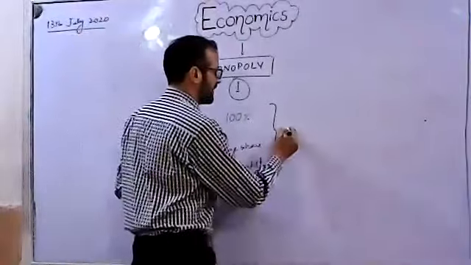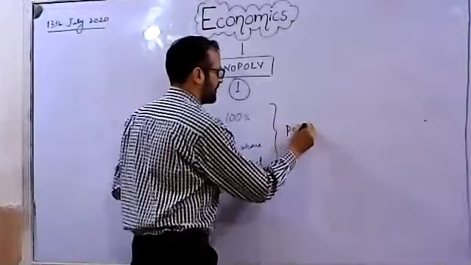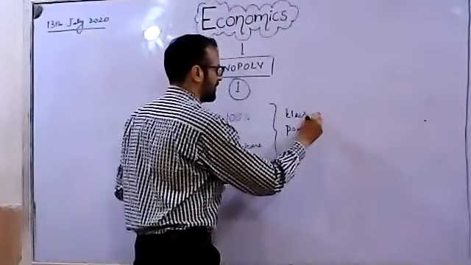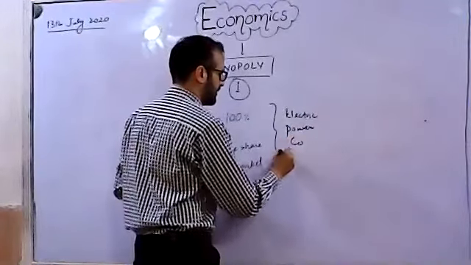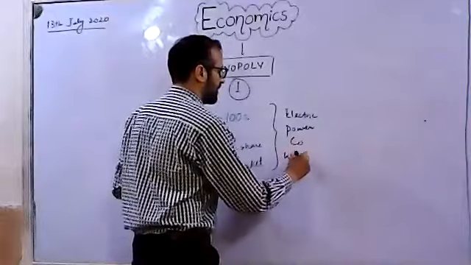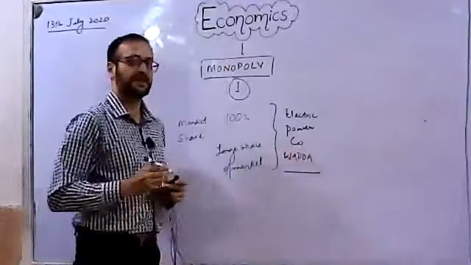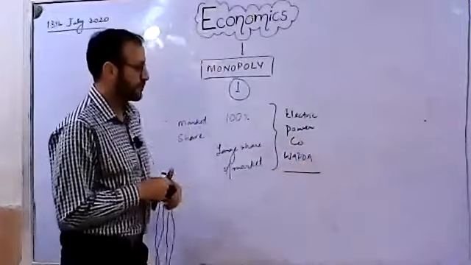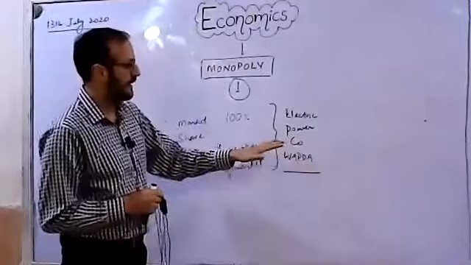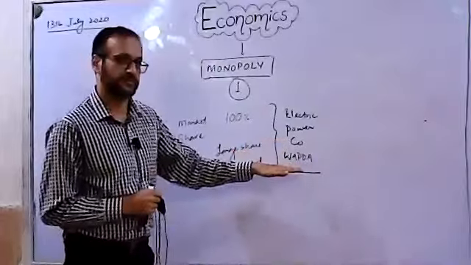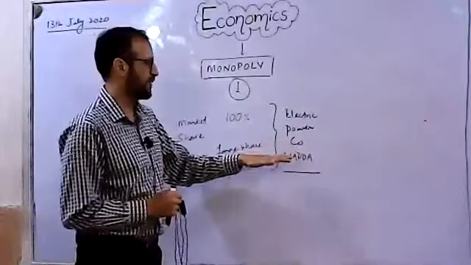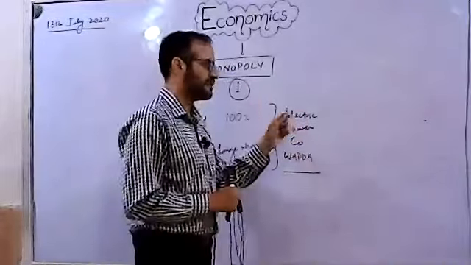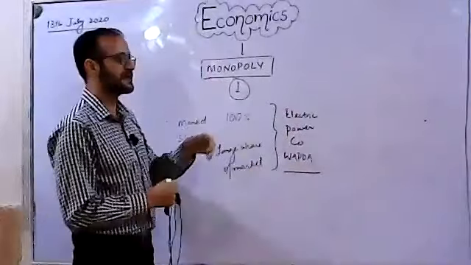Okay, one example is a power supplying company, or let's say an electric power company, a very famous name, that is WAPDA, the Water and Power Development Authority. This is the one and only firm in Pakistan providing electricity to the whole economy. So we can say that WAPDA is actually a monopoly.